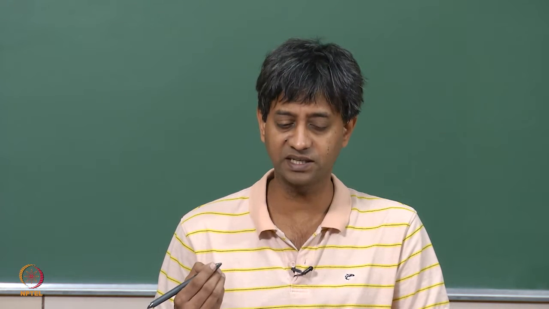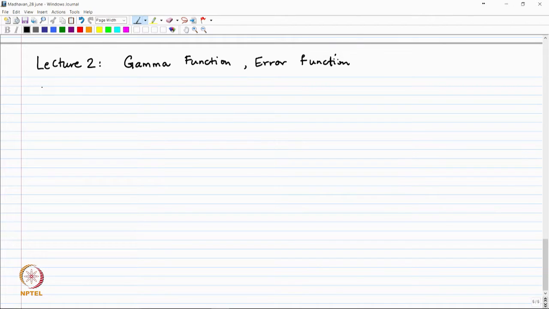Now to motivate the gamma function, let's look at a very familiar concept, that is factorials. Suppose I write n factorial. This is 1 into 2 into 3, product up to n. This is defined for positive integers.